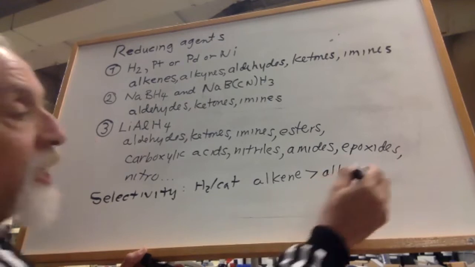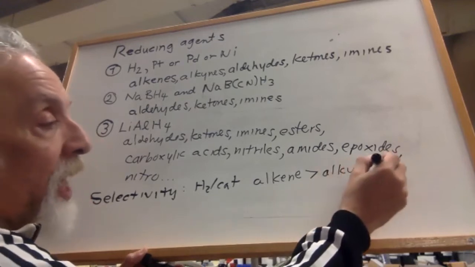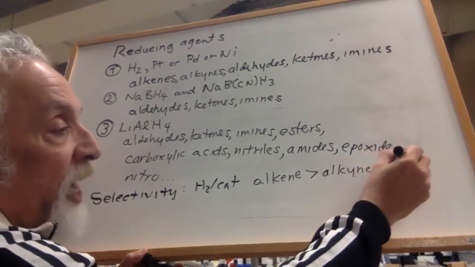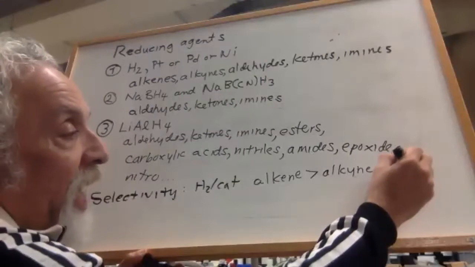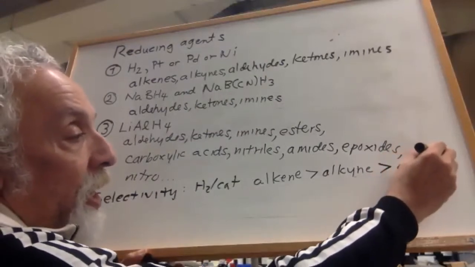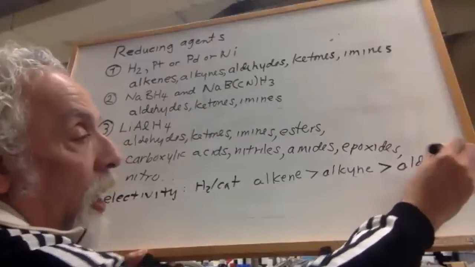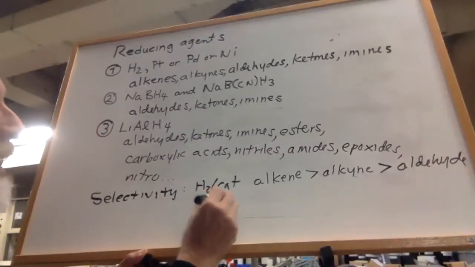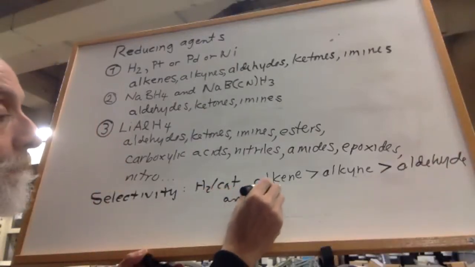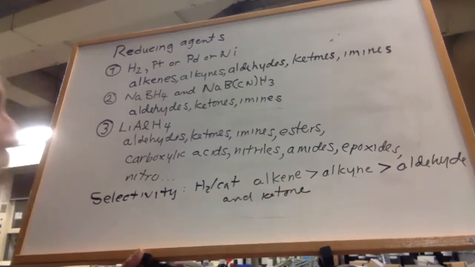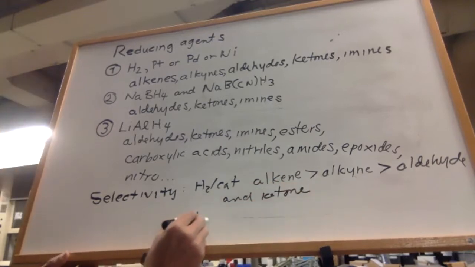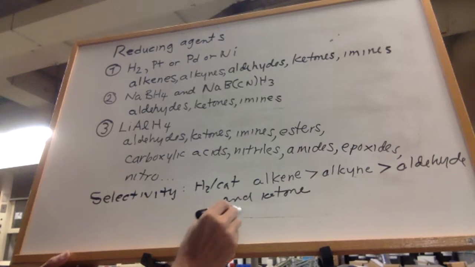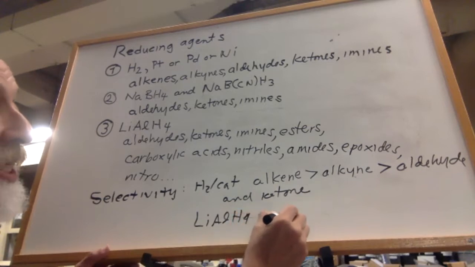And then the alkyne is reduced faster than the aldehyde and ketone. But with lithium aluminum hydride, the executive statement here must be no selectivity.